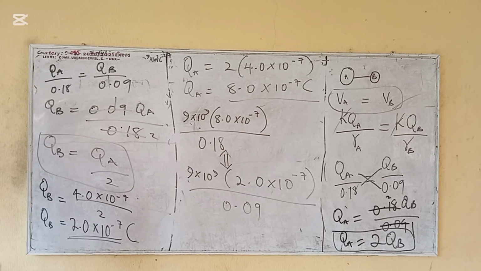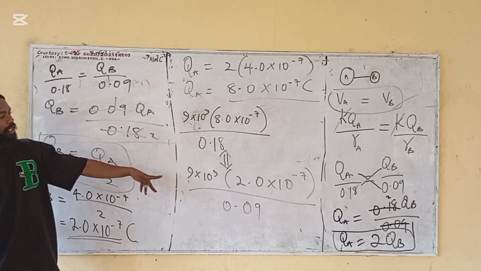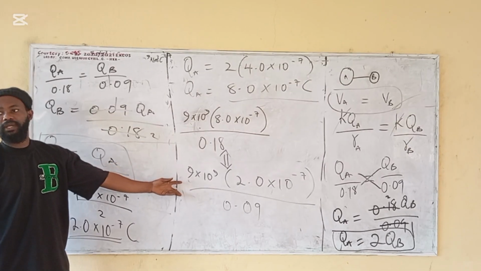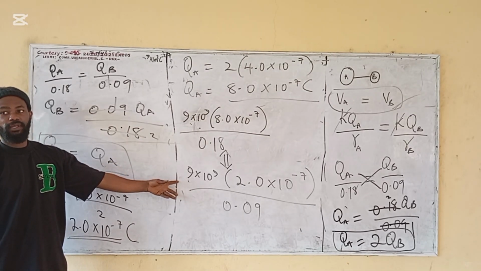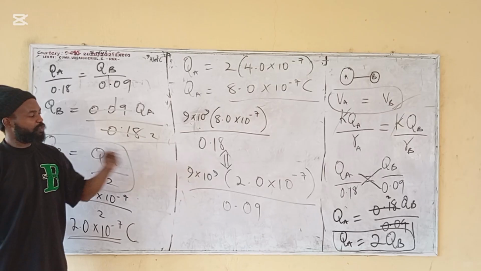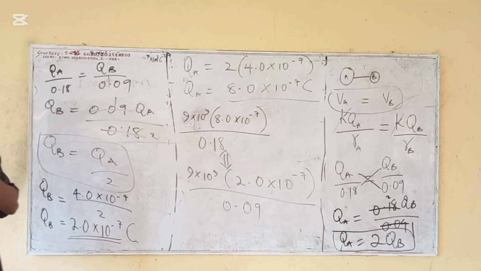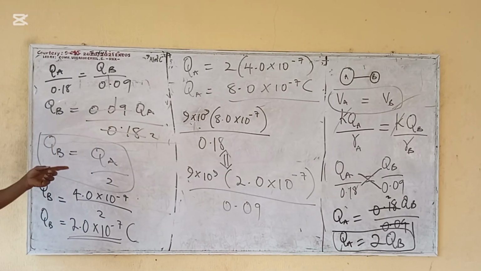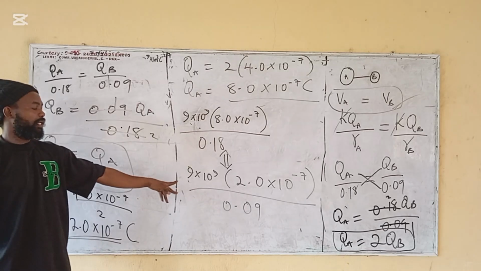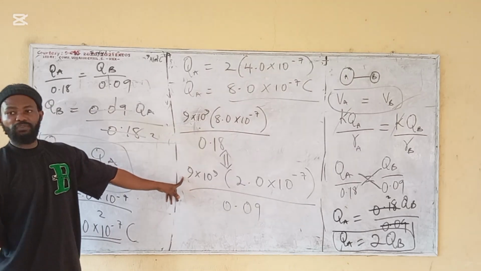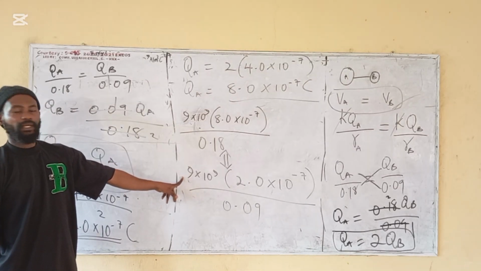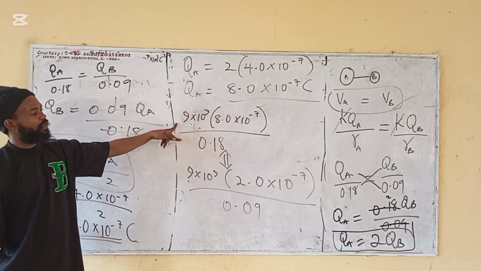So if you notice, what did we get for QB when we did the voltage? It was 40,000, yes. But now this one is giving me a voltage of 20,000, and this one is giving me 40,000.